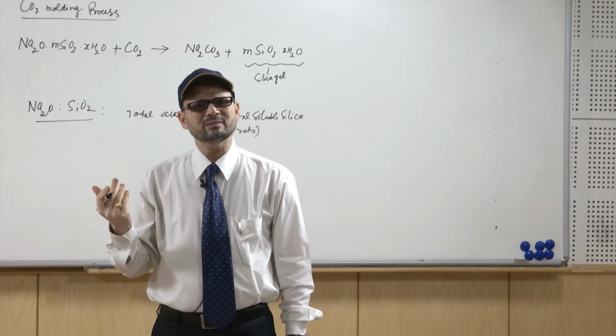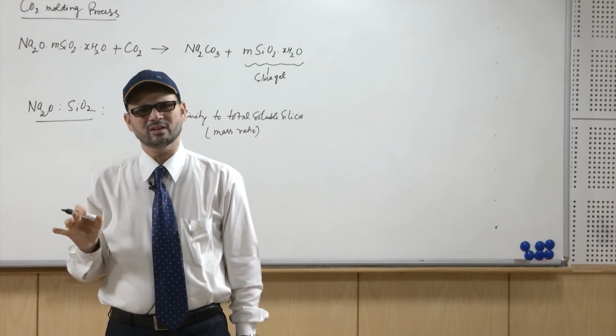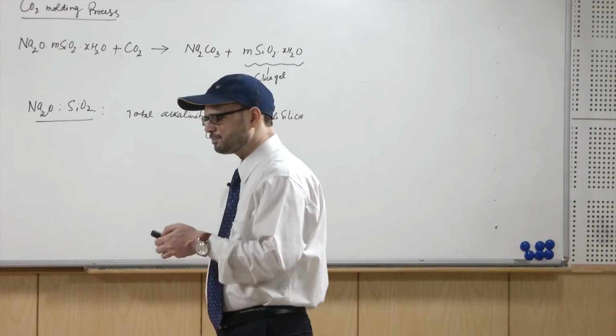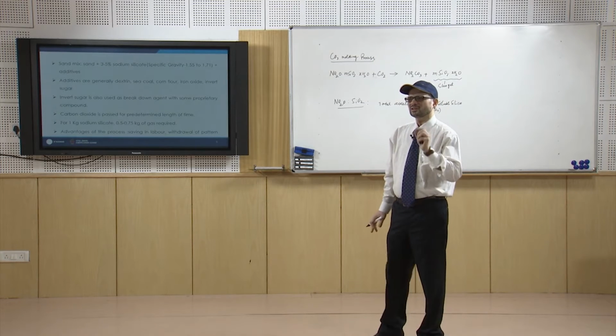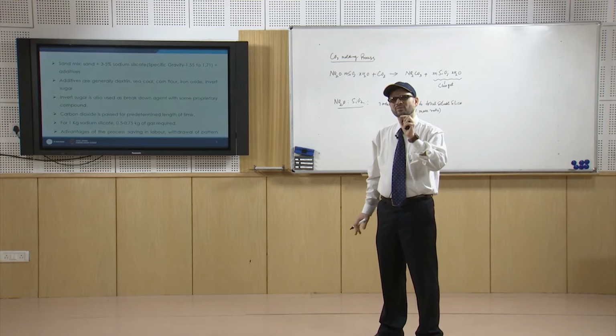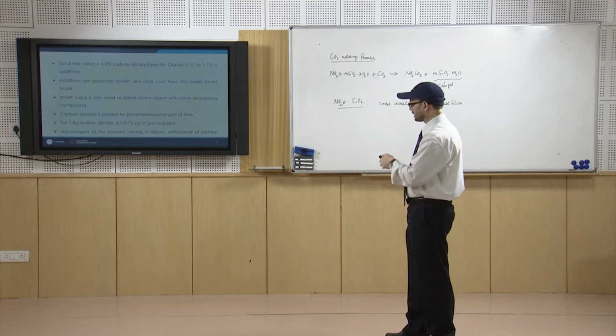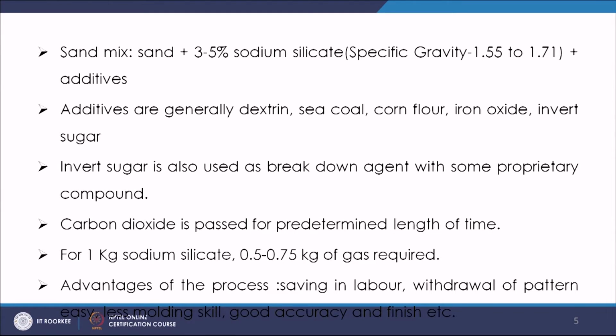After that, the strength decreases. So, there must be a predetermined length of time up to which this mold should be gassed, and the carbon dioxide should be allowed to pass through the mold.